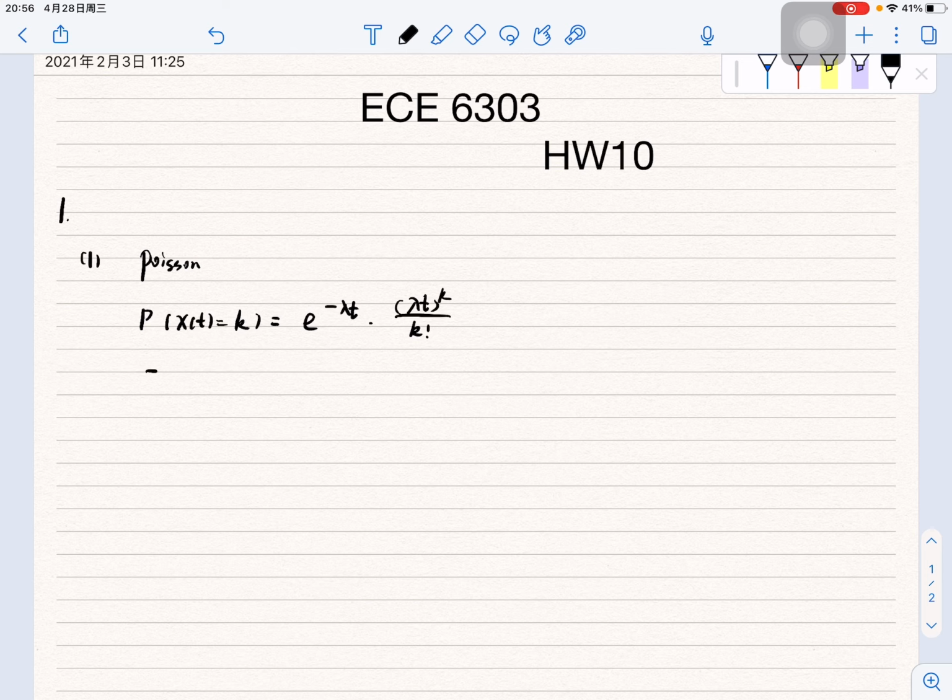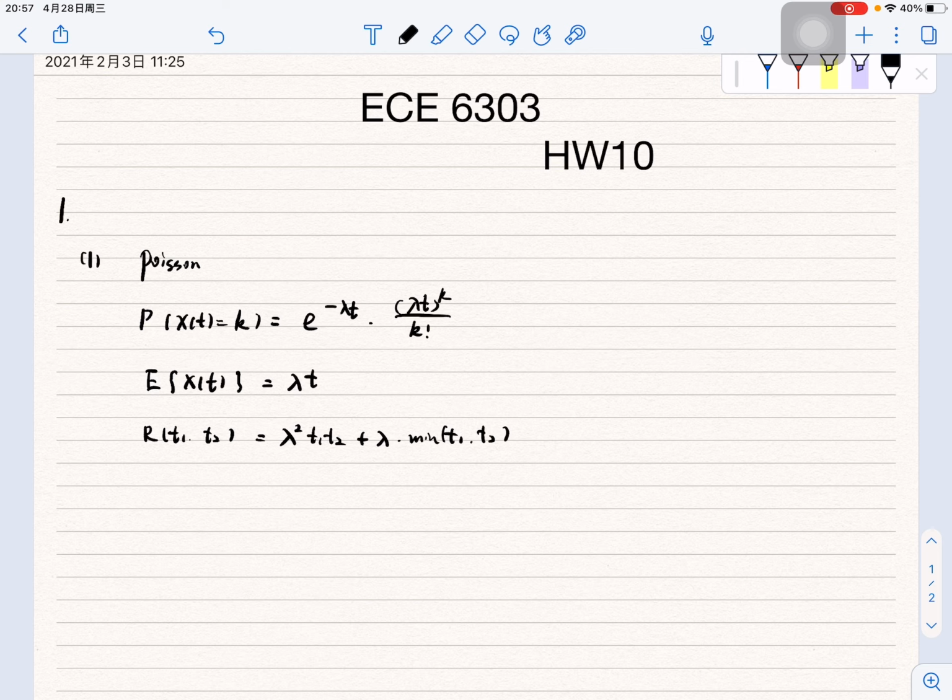The mean of X(t) is lambda t. The autocorrelation R(t1, t2) equals lambda squared t1 t2 plus lambda multiplied by min(t1, t2).